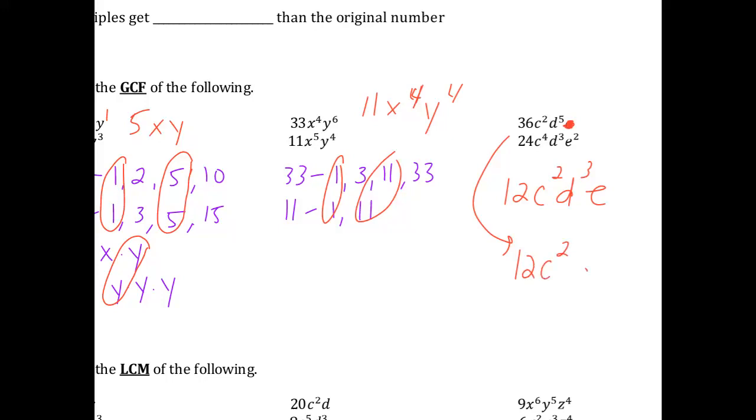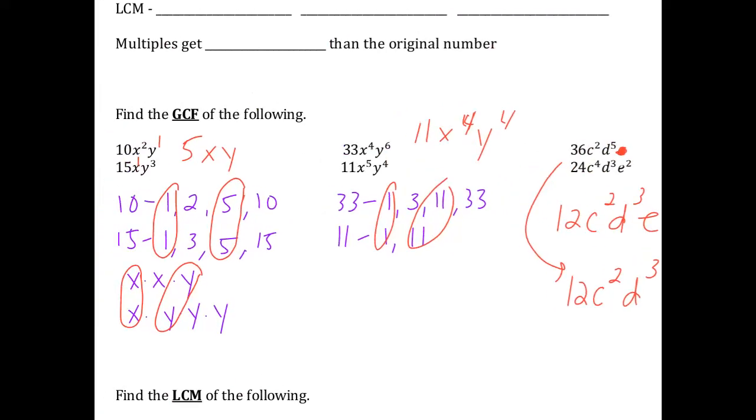The GCF would now be just 12c squared d to the third, because technically if there's no e there, it's e to the 0 power, if you recall back from the exponent unit. In this case, that means we don't have any in that one, so there's nothing in common. We don't need that in our final answer.